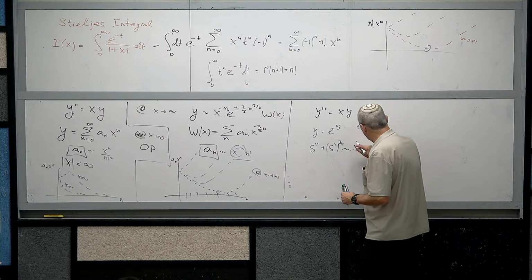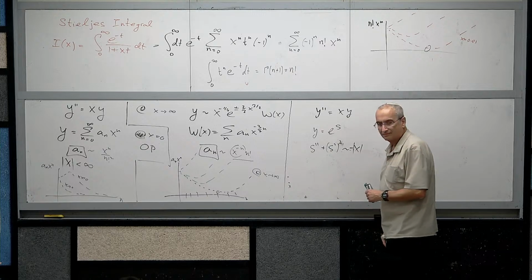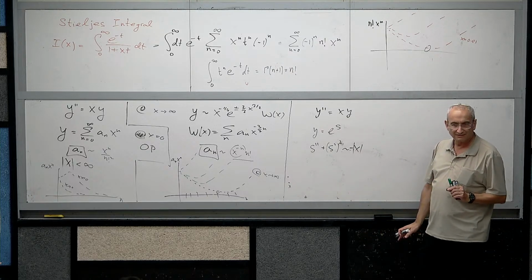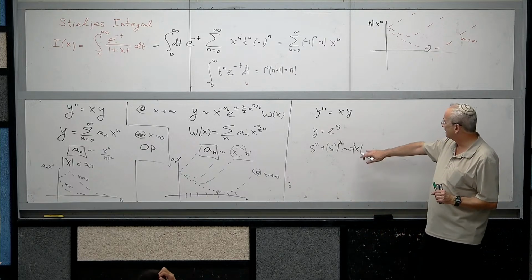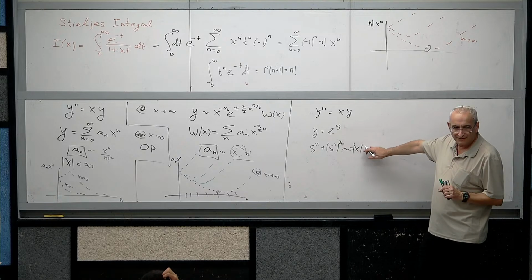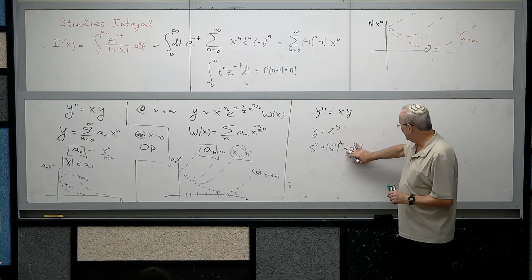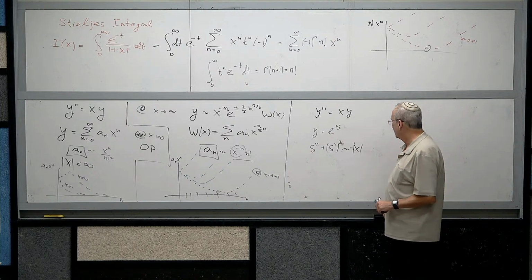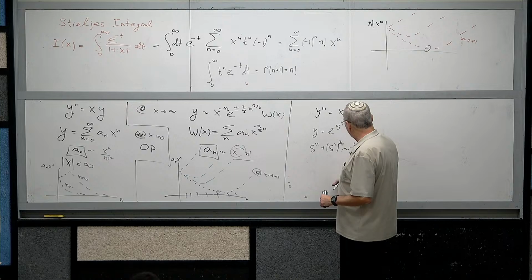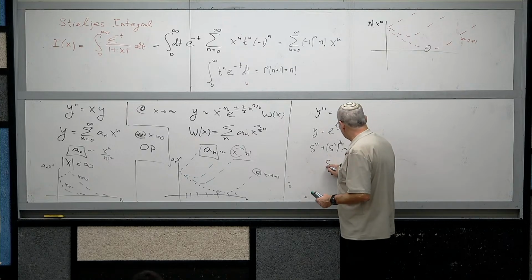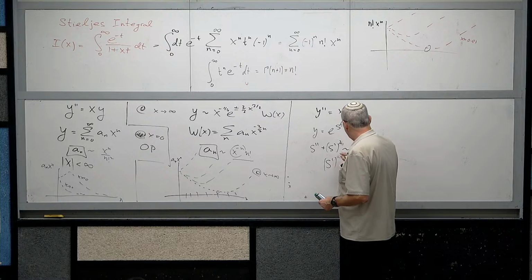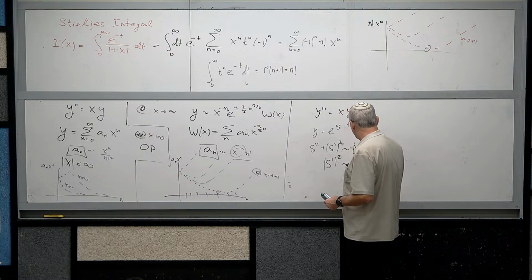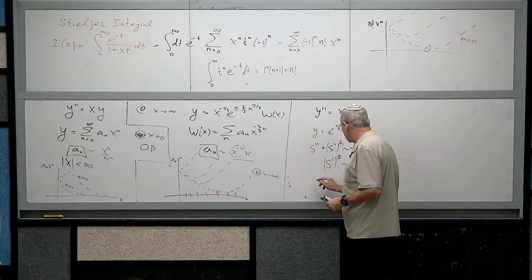I'm not saying what happens around 0, I'm looking just at x large and negative. And again, you can check with dominant balance that s prime squared should be asymptotic to minus absolute value of x.